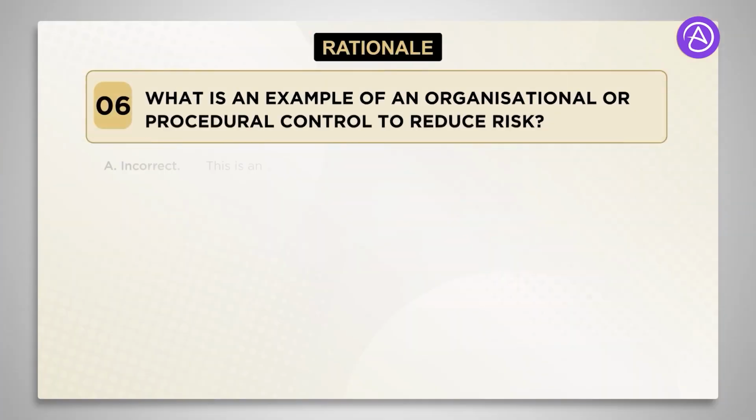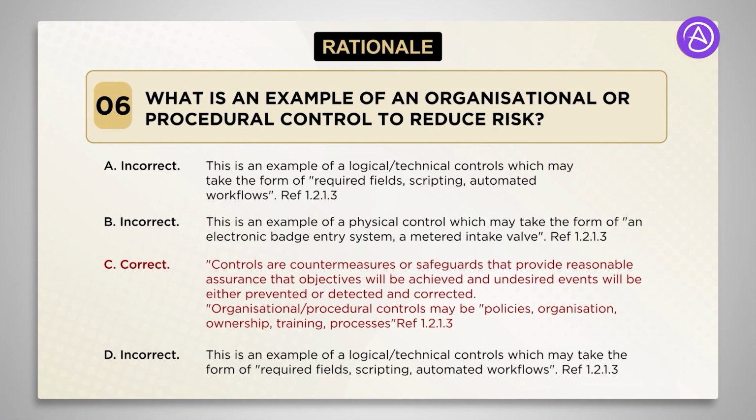You'll recall when we talked about controls, we said there were three methods that we can consider. One was organisational or procedural control, which was the documentation of policies, assigning ownership, making sure training takes place so people understand, making sure processes are in place to reflect what's needed.